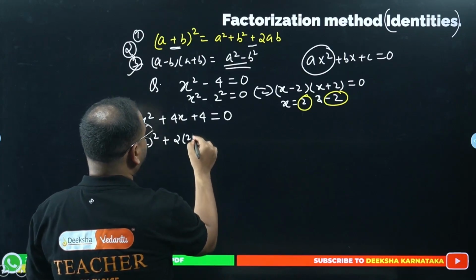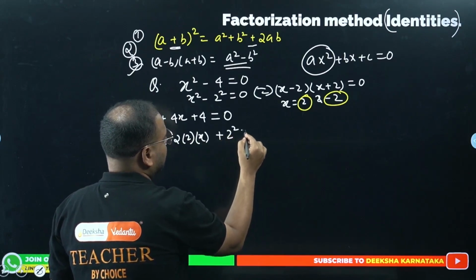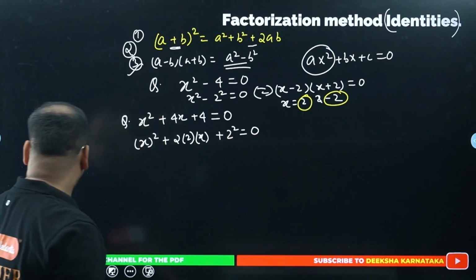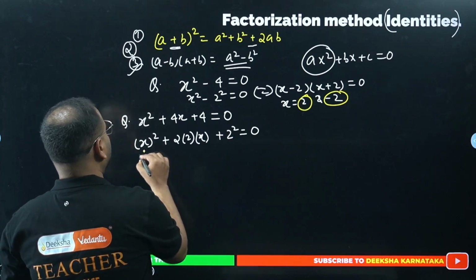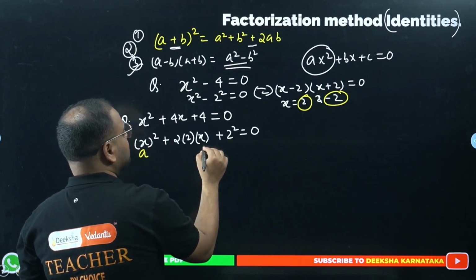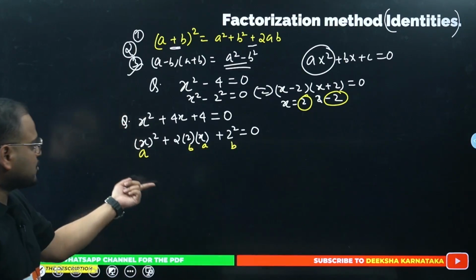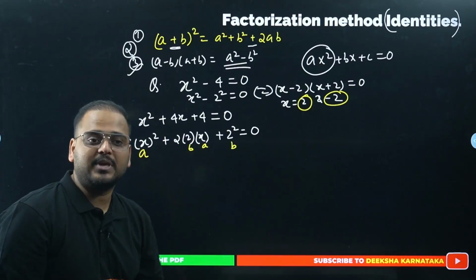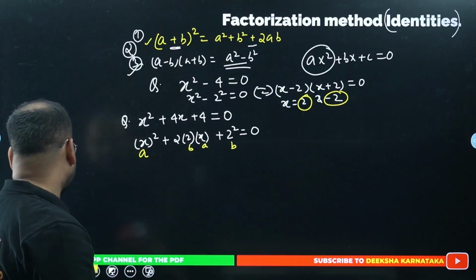So x square plus 2 times 2 times x plus 2 square equal to 0. Sir, how is it different from what you wrote earlier? Check it out. This is my a square actually, so x is a, this is b. So a square, b square, 2ab. What does it become? (a plus b) the whole square.